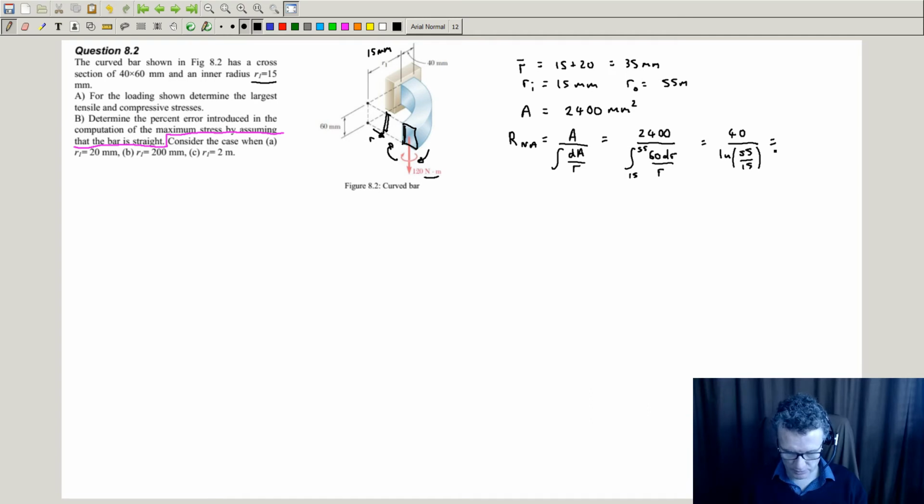So neutral axis is 40 divided by natural log 55 divided by 15. So that's 30.786 millimeters.